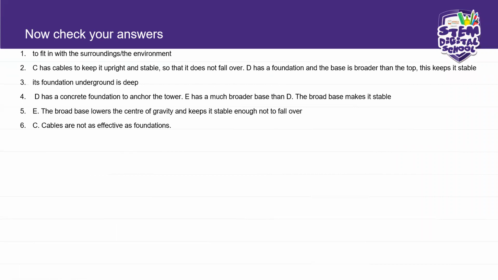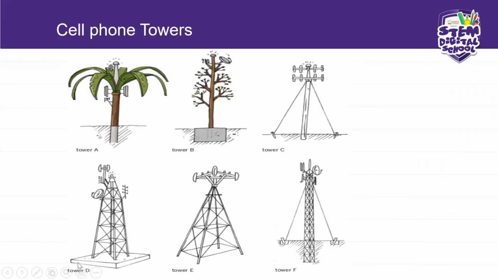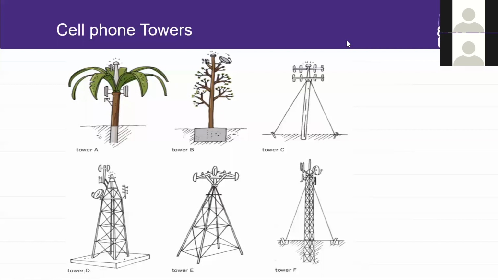This keeps it stable, okay? Let us look at D. There is D. It has a foundation. That concrete slab there makes it stable so that it doesn't fall. Okay, so it doesn't need these cables. C has cables, but D doesn't need cables.